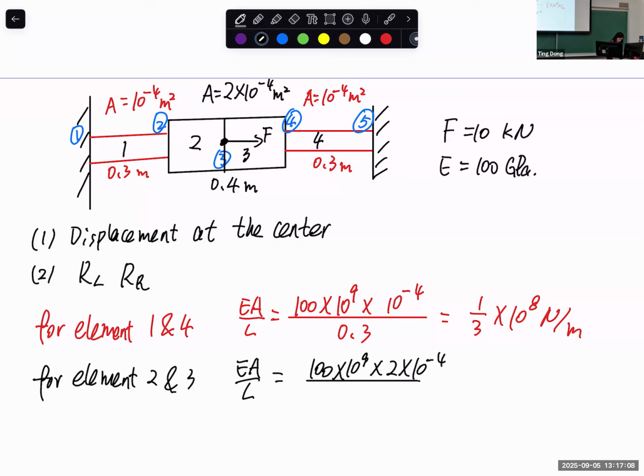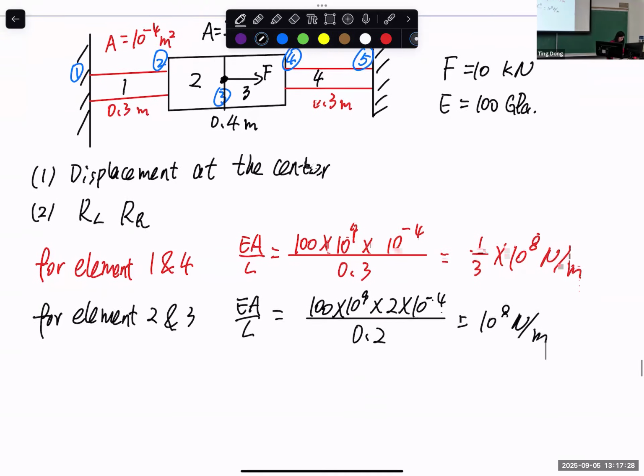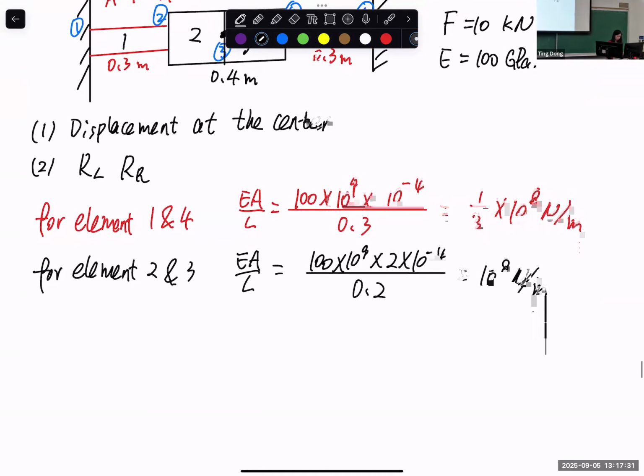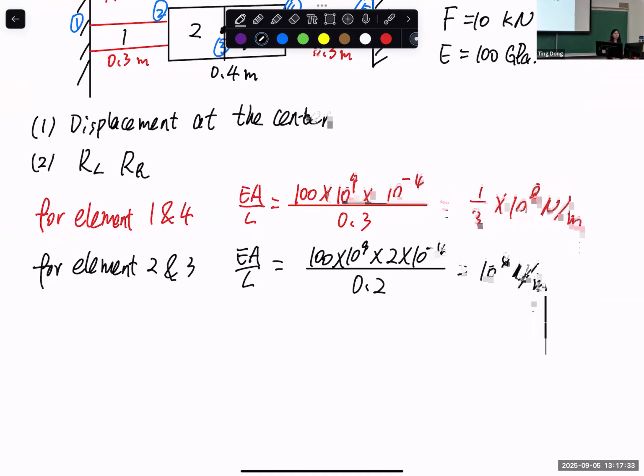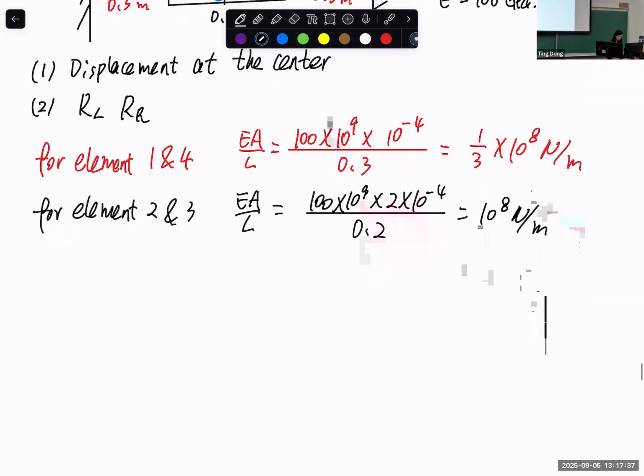What is the L for elements 2 and 3? 0.2, not 0.4. Be careful. It should be 0.2. Now we have the K for the 4 elements. We can write the structure matrix equation directly.